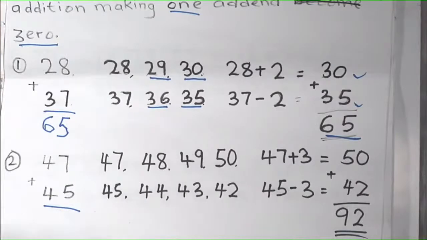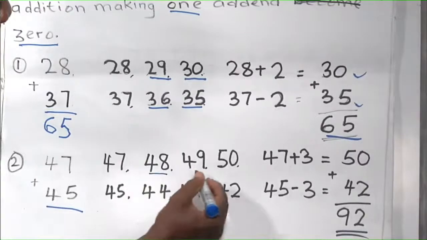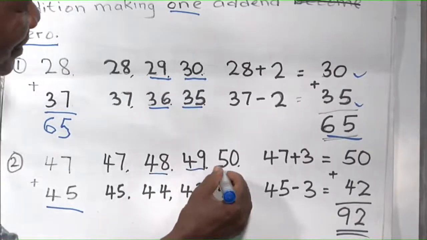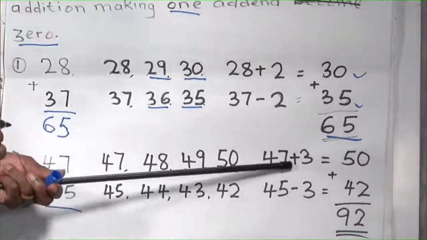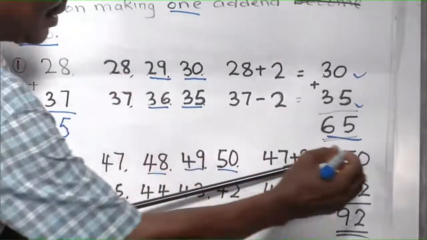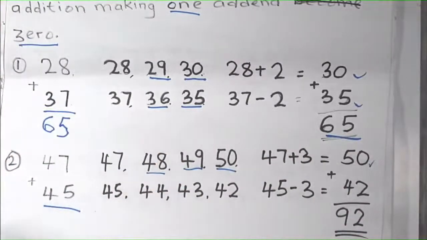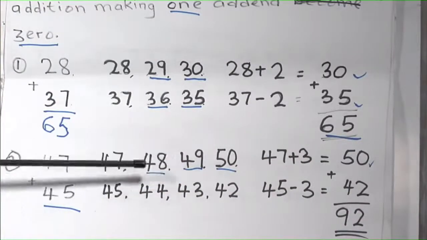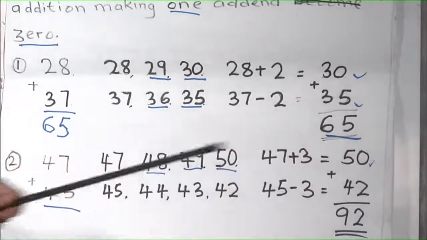How many numbers do we need? 1, 2, 3. So that will be 47 plus 3, and that will give us 50. 47 plus 3, 48, 49, 50. So that will give us 50.